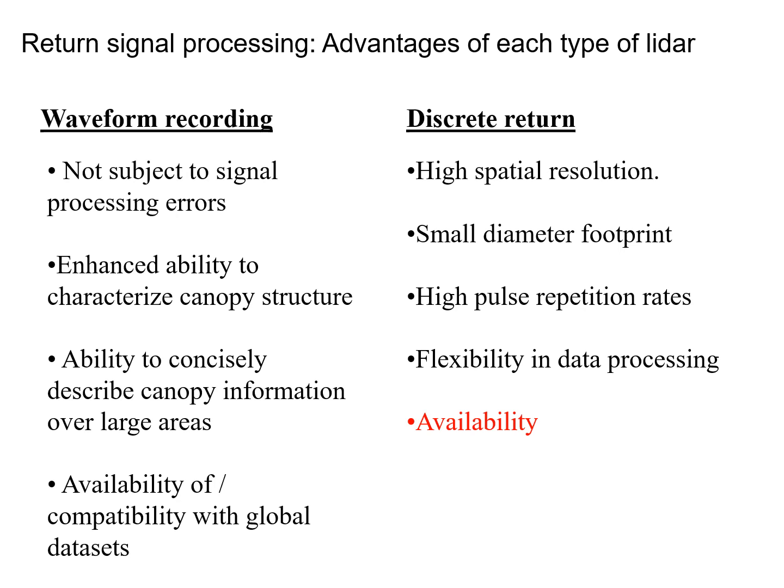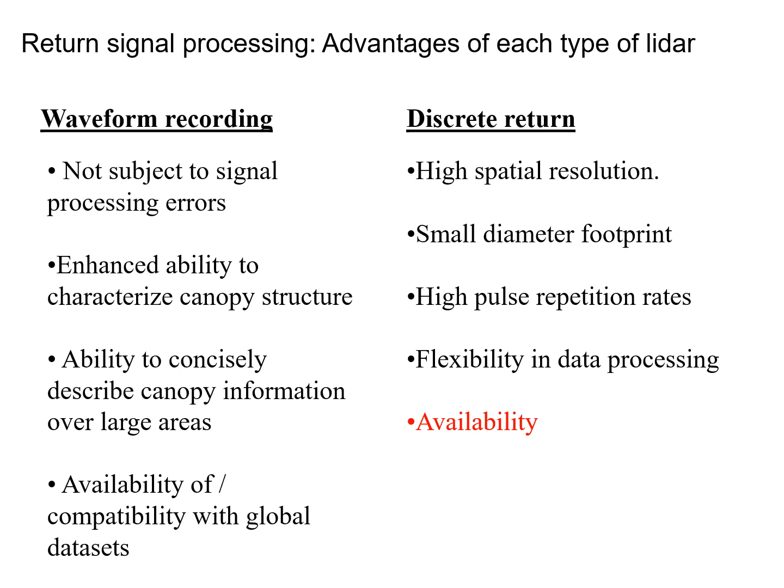The advantages of the discrete return system: you get higher spatial resolution, you get smaller diameter footprints and higher pulse repetition rates, and you do get a certain flexibility in data processing because you have so much data to work with. But the biggest advantage is availability. Commercial systems in general have been this kind of system, although some people are changing over to commercial waveform recording systems.